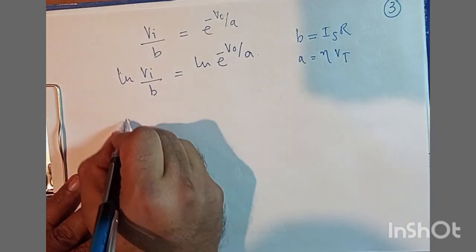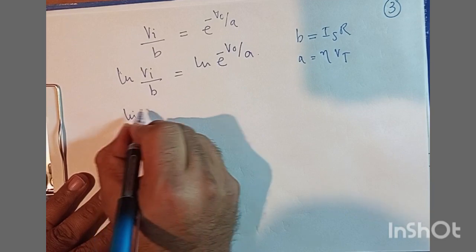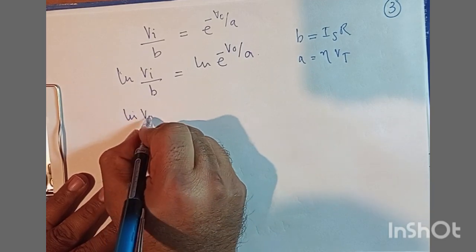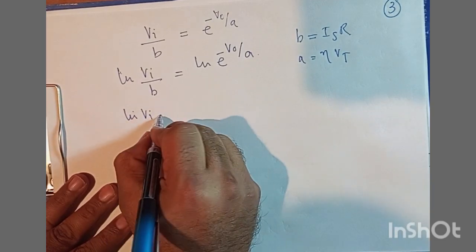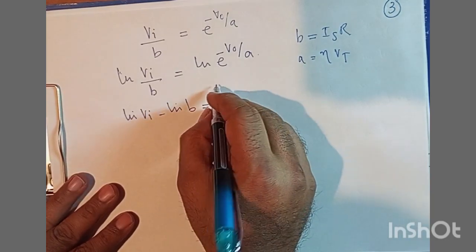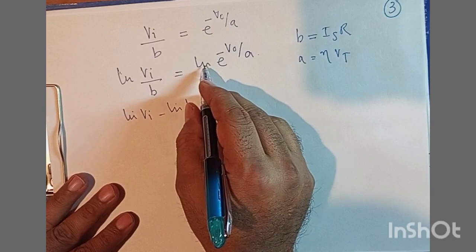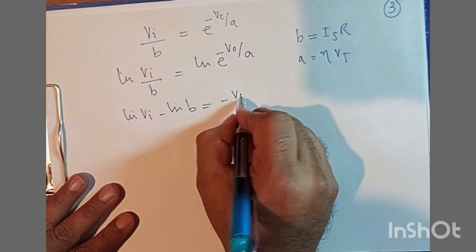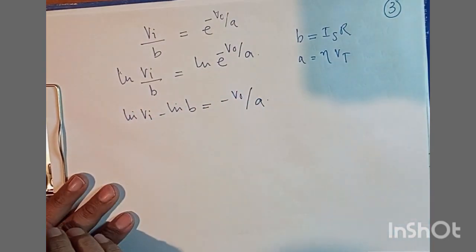So here we are going to get ln of Vi minus ln of B equal to, here we will have minus V out by A, right?